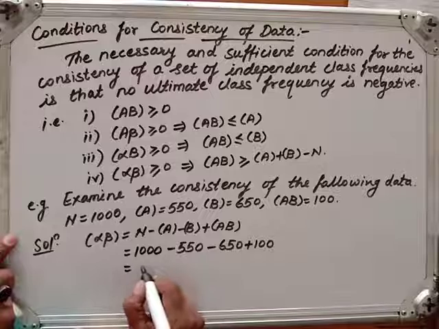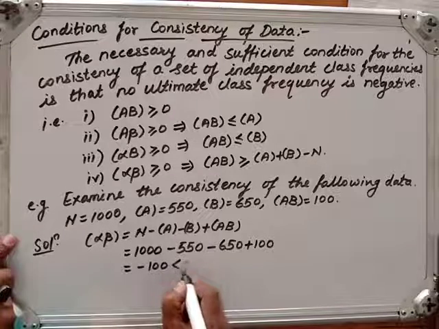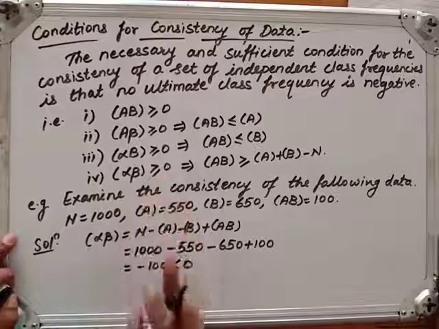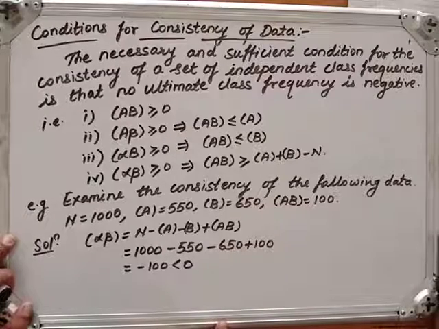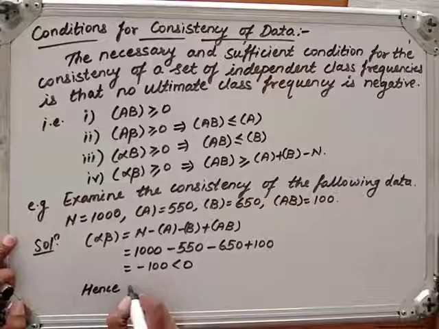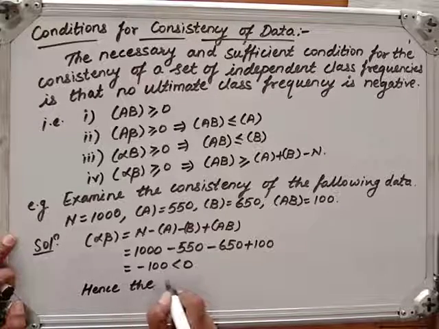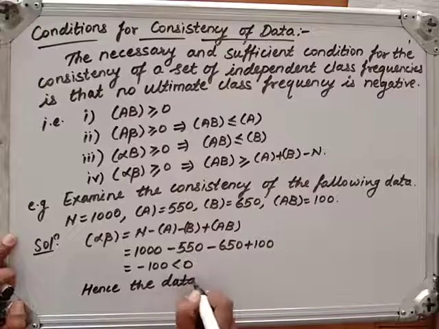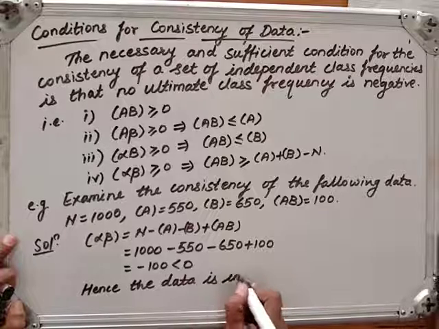If you calculate, this is minus 100. This is less than 0. But alpha beta should be what? Greater equal 0. So hence the data is inconsistent.